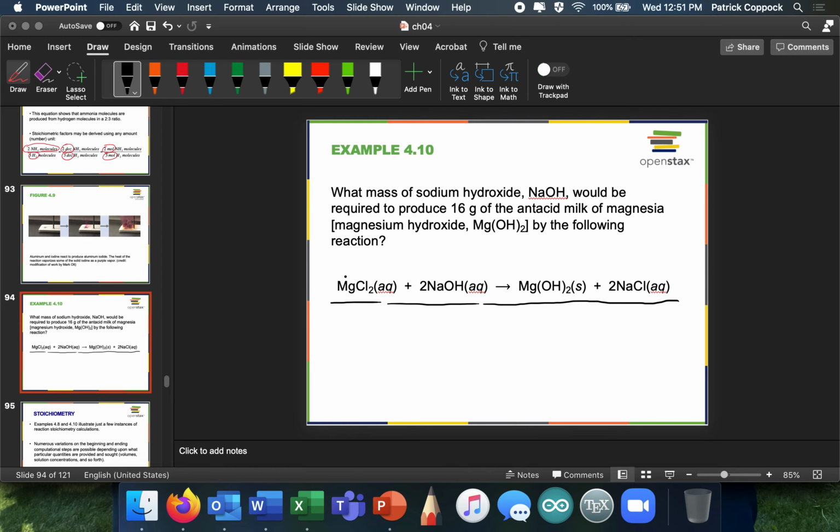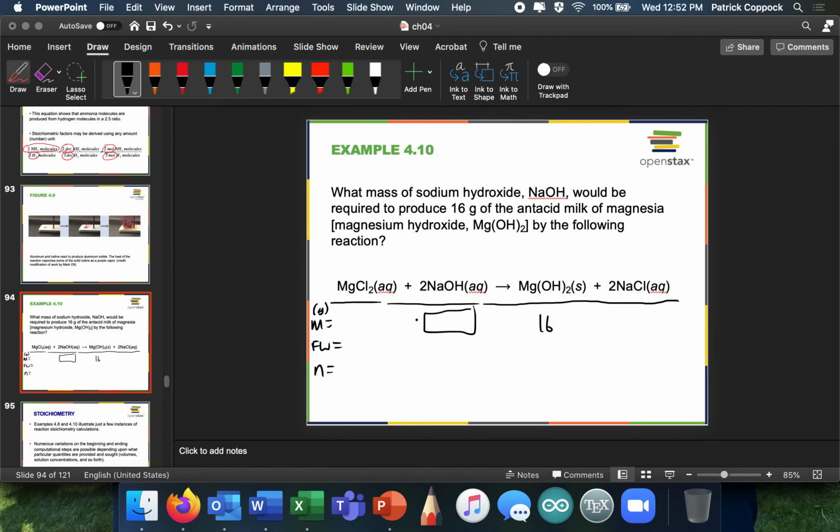What mass of sodium hydroxide, that's what I'm asking for right here. This is mass, in grams, that would be required to produce 16 grams of the antacid milk of magnesia by the following reaction, okay? So what I would need to do is convert these using molecular weight or formula weight.